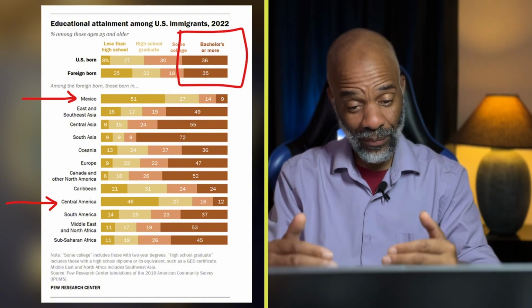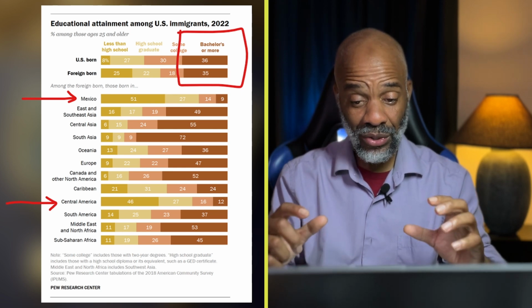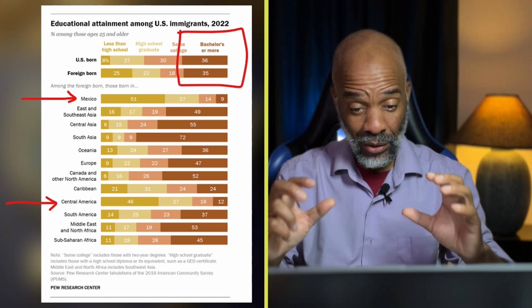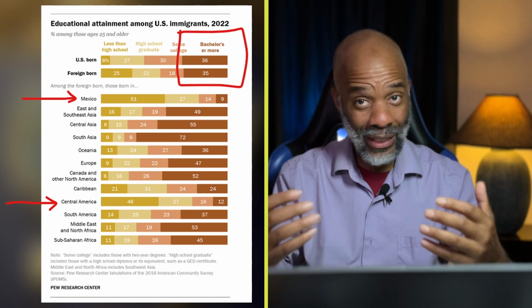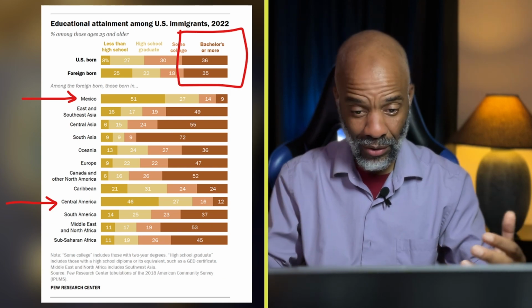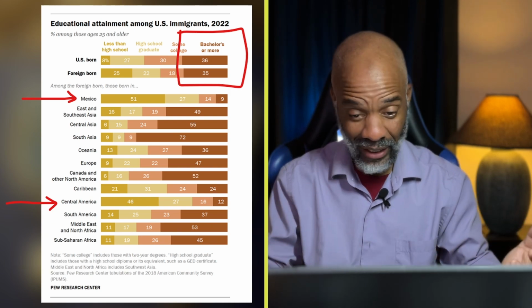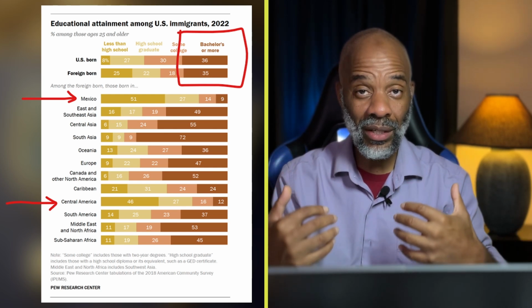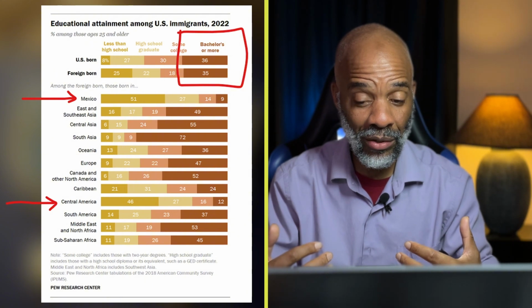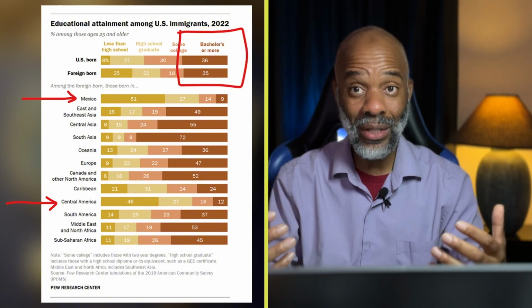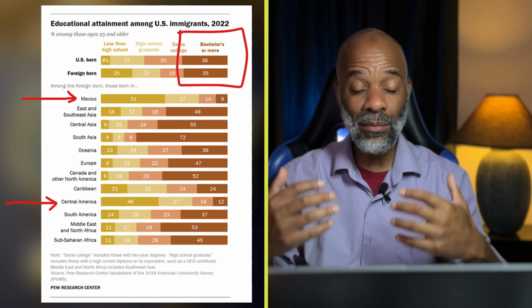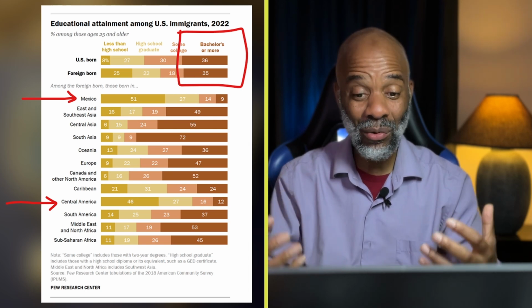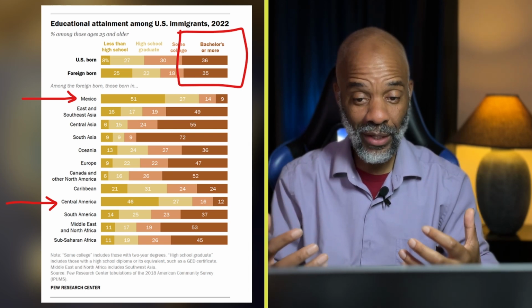In fact, if you look below, you'll see that in certain places, particularly Central, South, and East Asia, right? Basically the whole of Asia, you can see that those immigrants who are coming into the country from that region of the world are highly educated. Like the majority of them have bachelor's degrees or more coming into the country.